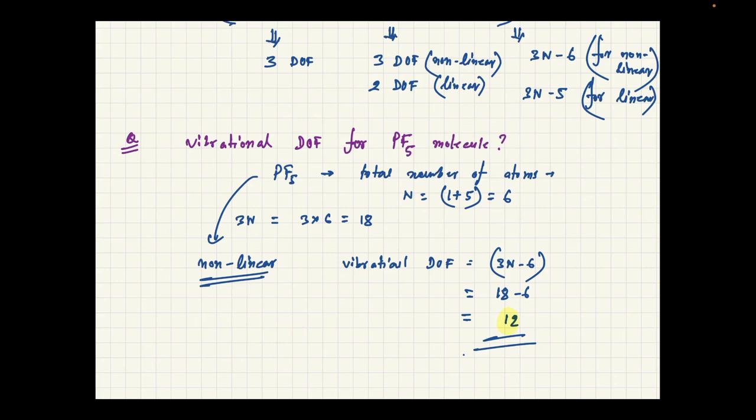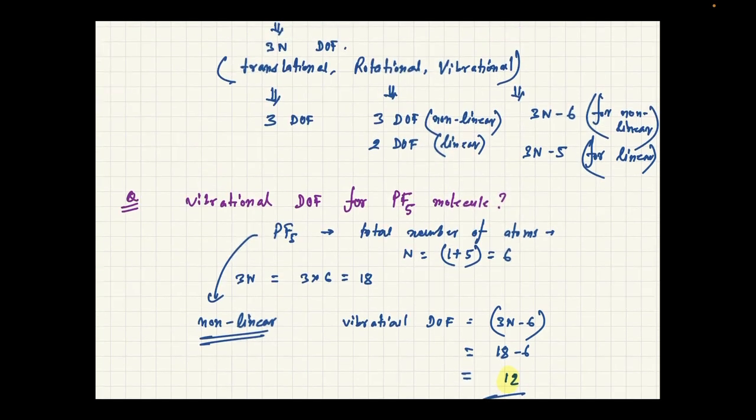For SF6 there will be 15 vibrational degrees of freedom. So like this, you can compute the vibrational degrees of freedom for non-linear molecules and linear molecules. For non-linear it is 3n minus 6, and for linear it is 3n minus 5, where n is the total number of atoms.